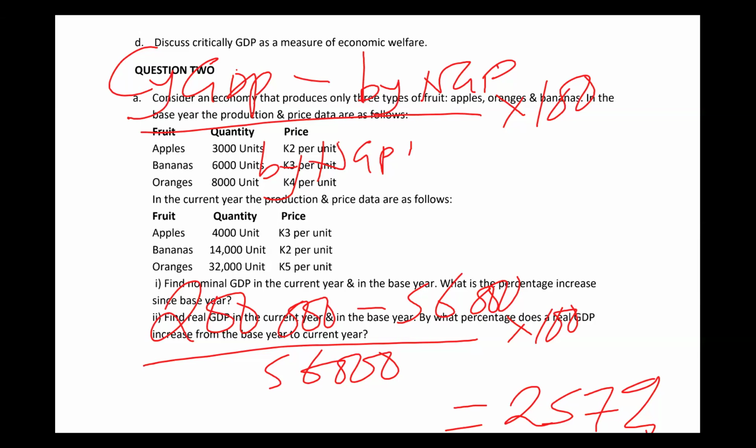So, yeah, 200% increase simply means if for example, the GDP was 50. I want to show you what 200 means. Let's say the GDP was 50. 100% increase simply means you have another 50, so that you have 100.